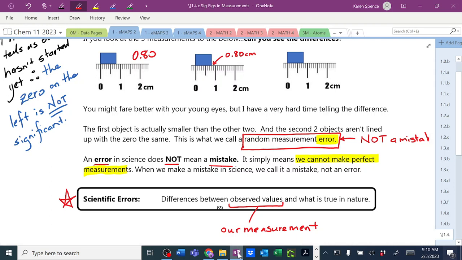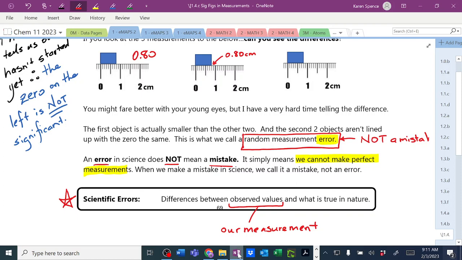But we are back now, and we were talking about scientific errors, and that those are the differences between our measurement and what the actual true value would be in nature if we could know the exact, say, true length of that little blue box.